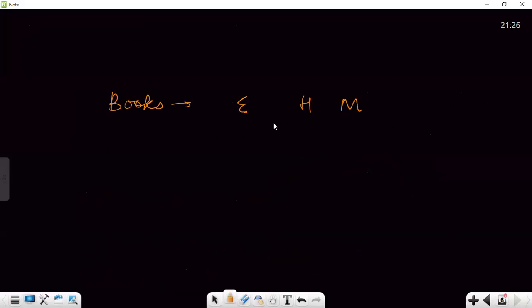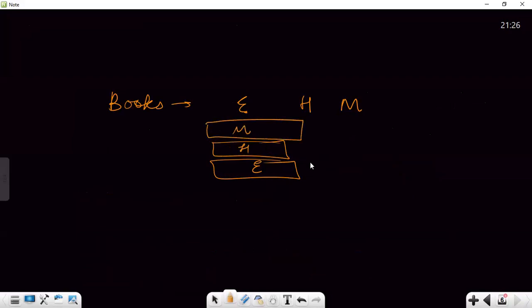Okay, so first I can put the English book, then on that particular book the Hindi book, then comes the maths book, the big one. Or I can put the maths book at the bottom, then the English book, then the Hindi book. So that's basically the inter-arrangement.